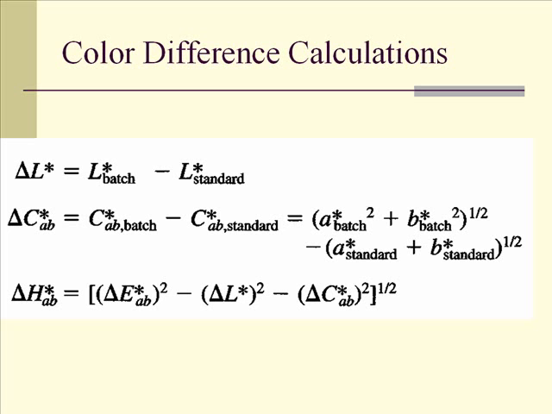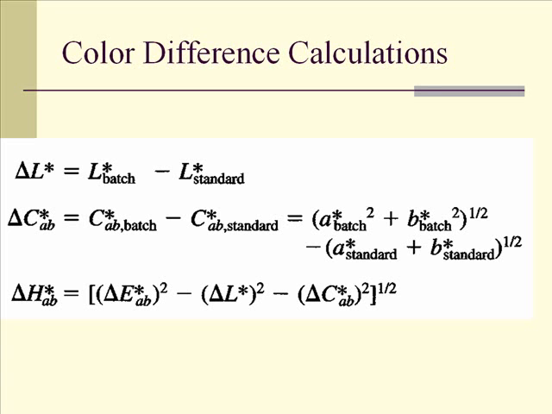So the way you have to do it is you take the total difference, which is delta E, square that, subtract the delta L value squared, and then subtract the delta C value squared, and whatever is left is the delta H. You have your total difference, take out whatever the difference is due to lightness, take out whatever the difference is due to chroma, and what you have left is the hue, because it's got to all add up to the total. So that's how you do the actual calculation.